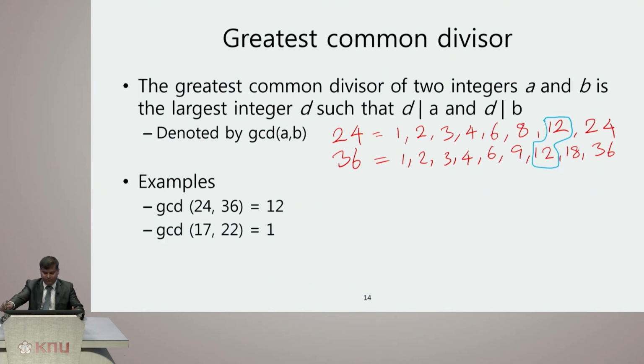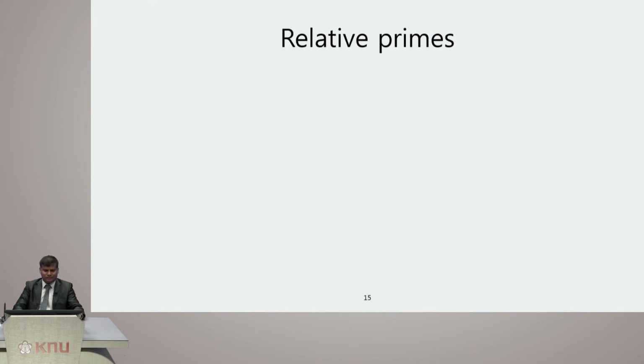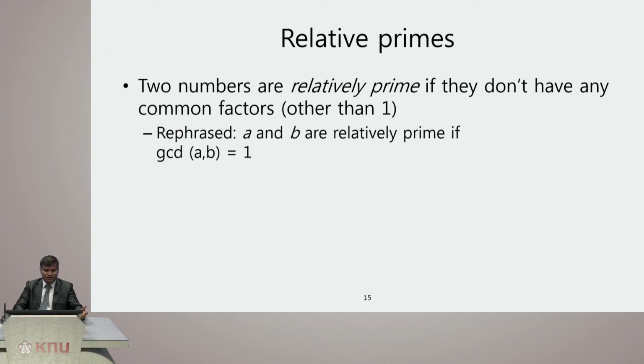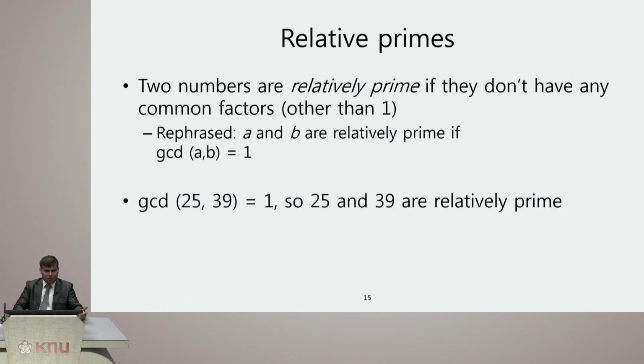Again, when you consider 17 and 22, it's 1, nothing else. Relative primes: two numbers are relatively prime if they don't have any common factors other than 1, such as the example we have seen, like 17 and 22. a and b are relatively prime if GCD of a comma b equals 1.